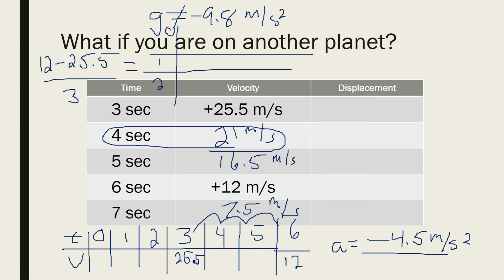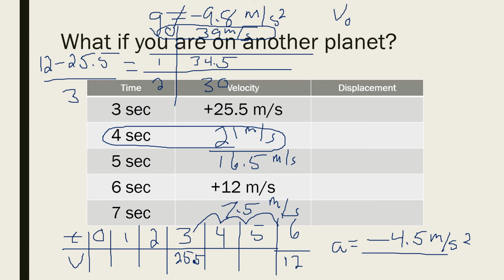The biggest mistake that students make with counting back on the chart is they don't go all the way back to 0. 30, 34.5, 39 is your initial velocity. Remember, V0 really means the velocity at time 0.